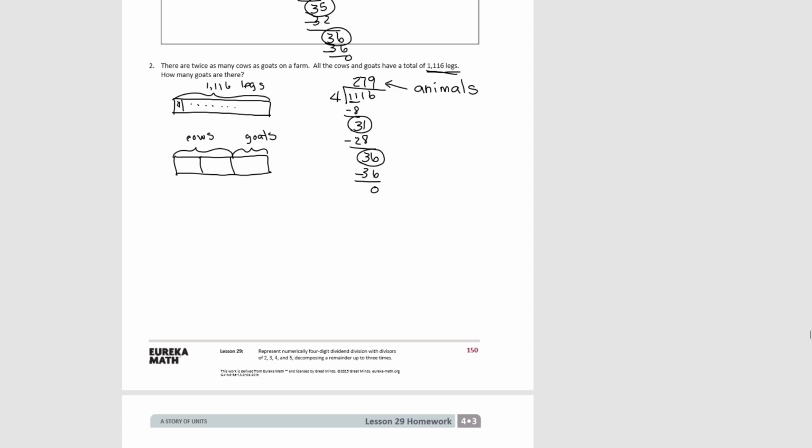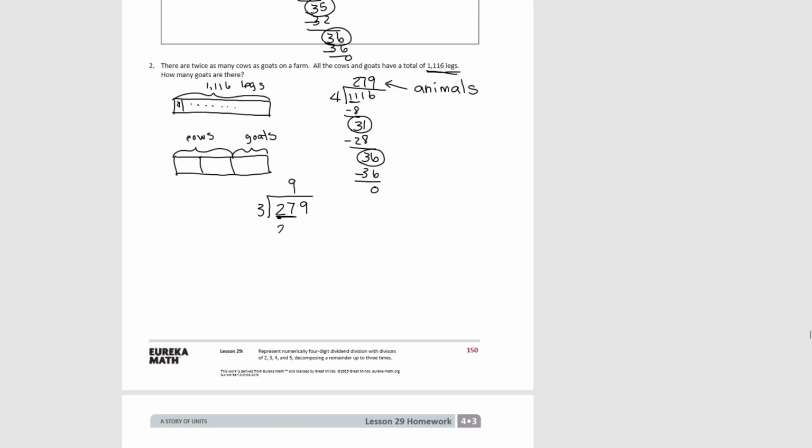So if I divide the number of animals I have into 3, I will know how many goats I have. So I look at the hundreds. I can't divide 2 hundreds into 3, so I'm going to decompose those into tens, and I now have 27 tens. I can put 9 in each group.